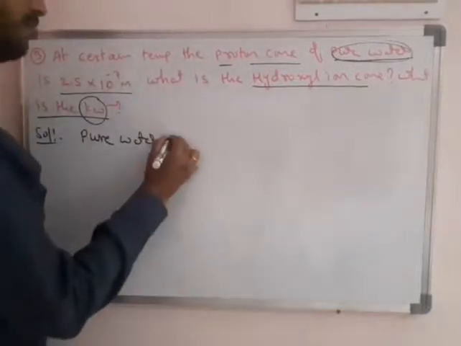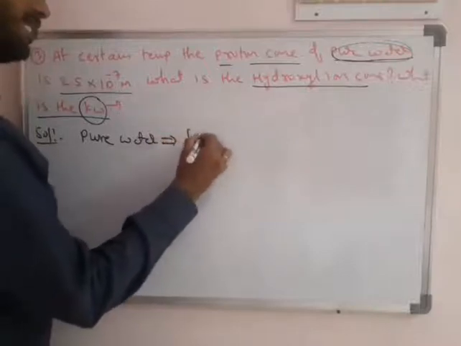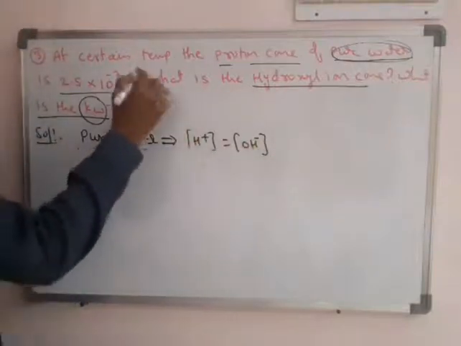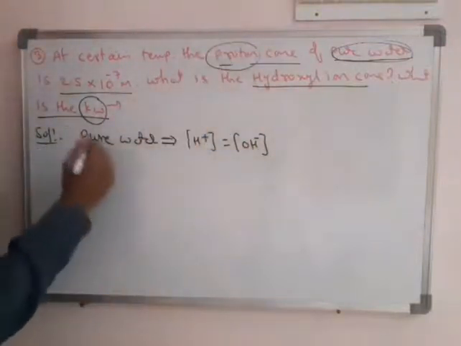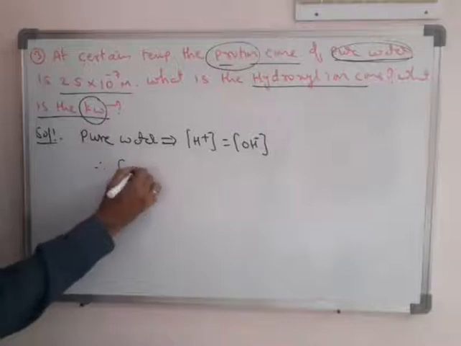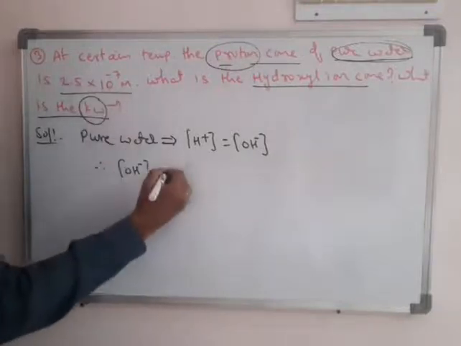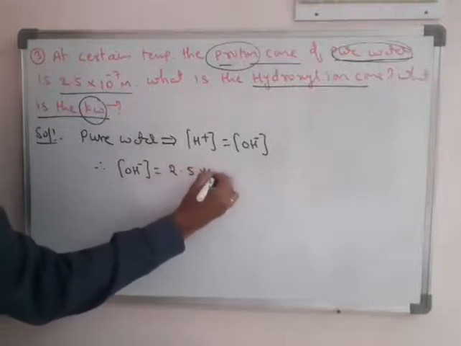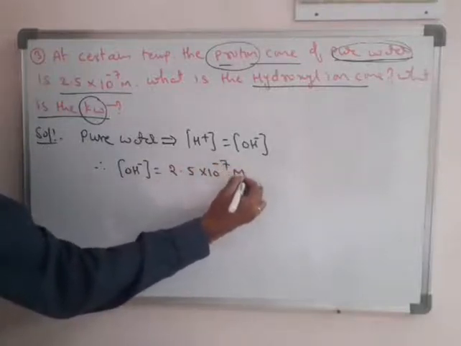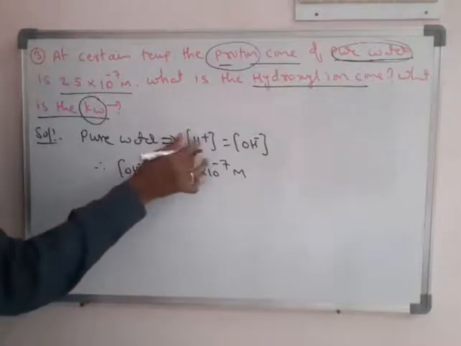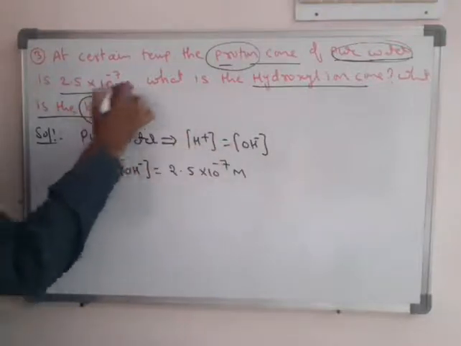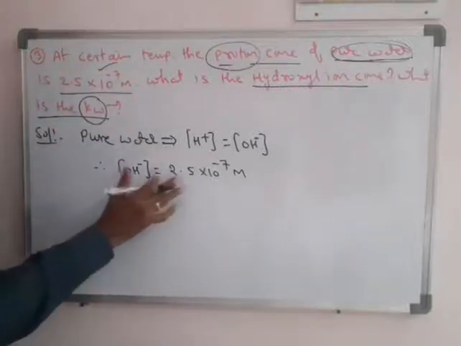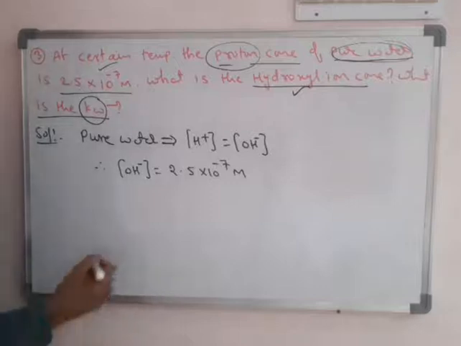So only the proton concentration H plus is given, and therefore we can write the hydroxyl concentration is also 2.5 into 10 to the power of minus 7 moles per liter, because H plus equals OH minus. So you got one answer, that is the hydroxyl ion concentration.